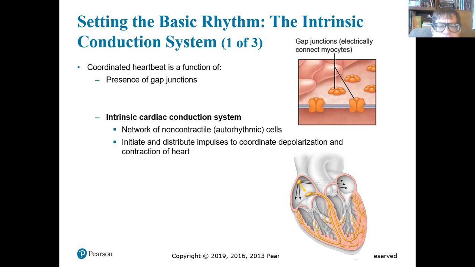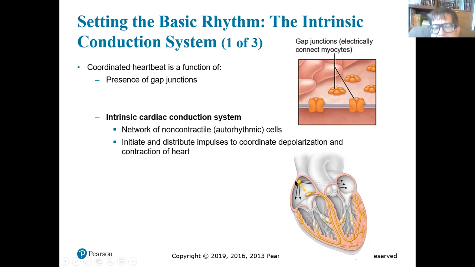So there are two things that coordinate the function of the heart. One of those is those gap junctions that allow them to communicate with each other. The other are the things I talked about before, the SA node and the AV node.